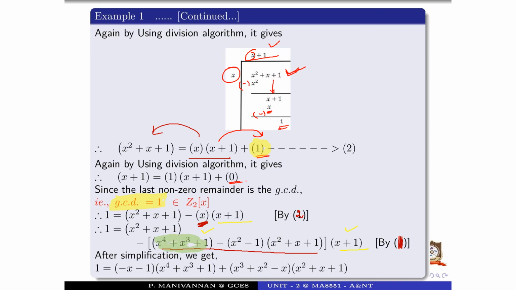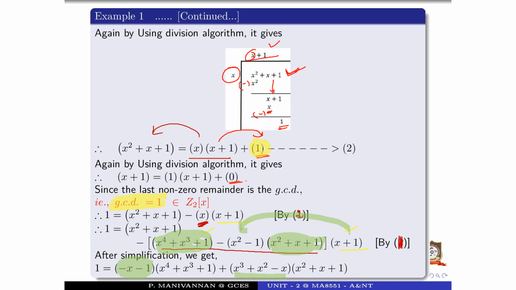What is its coefficient here? Minus (x + 1), so its coefficient is minus x minus 1. Then for the other term, what is its coefficient? Here 1. Multiplying these two terms and simplifying, we get this term.